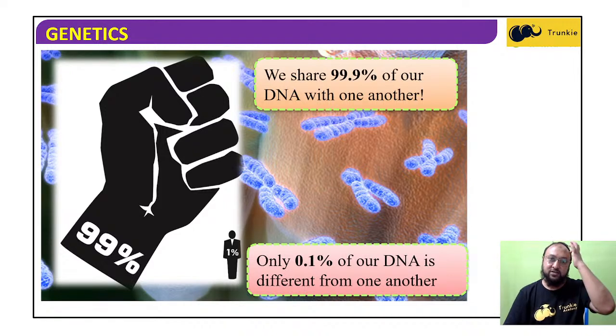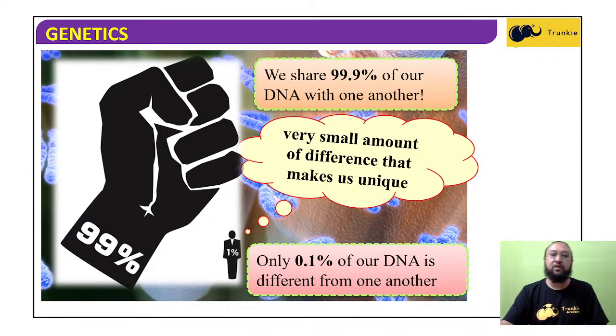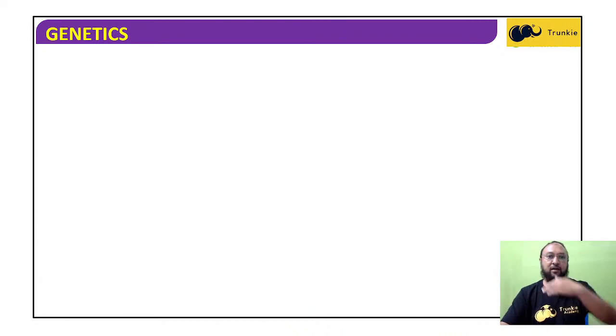Just imagine. So just remember this: a very small amount of difference that makes us unique. In the DNA it's a very small amount, but it makes us unique from other persons.